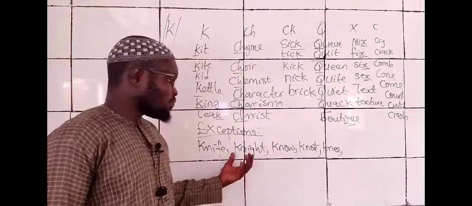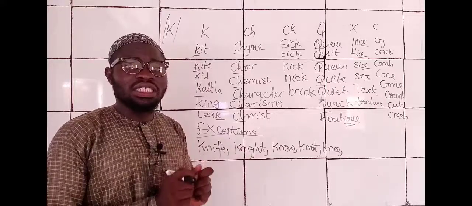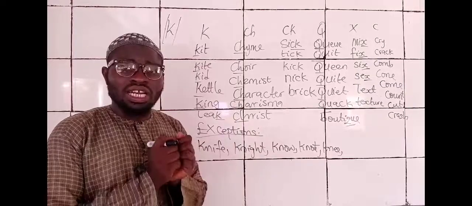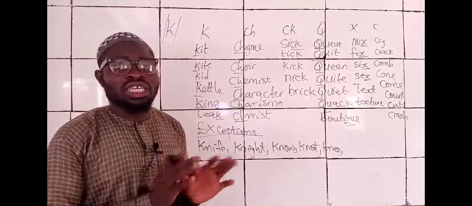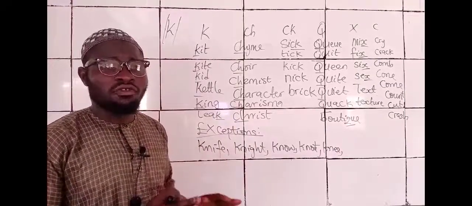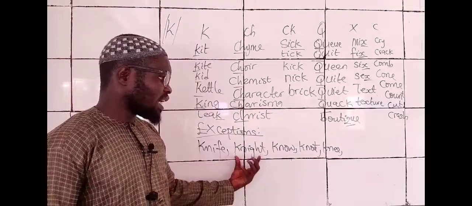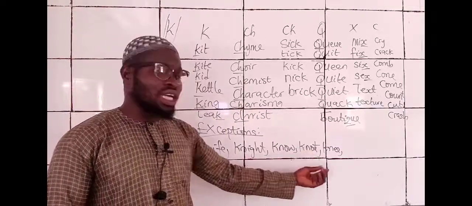So we just put the letter K for its lexical purpose, that is for its spelling purpose and for its meaning purpose, but it has no feature in phonetics. So they are all silent. So we have knife, night, no, not, and knee.